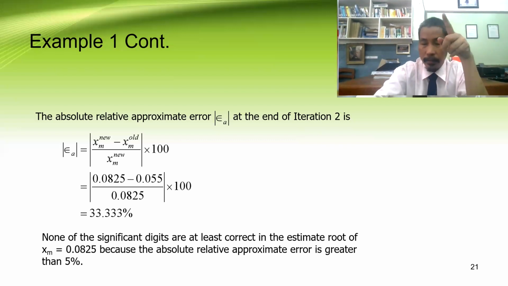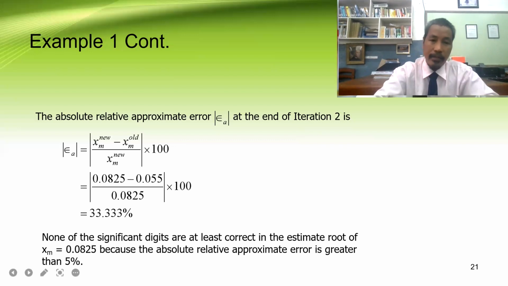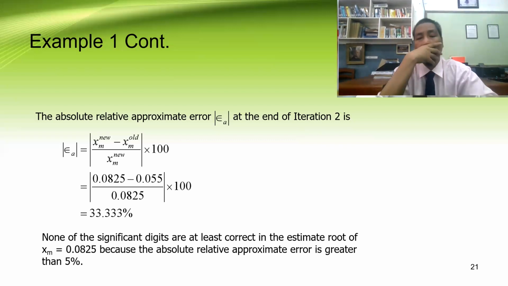If m is 0, 10 raised to the power of 2 is 100, and 100 times 0.5 is 50. So 50 is still larger than 33. Okay, 50 is larger than 33.33.